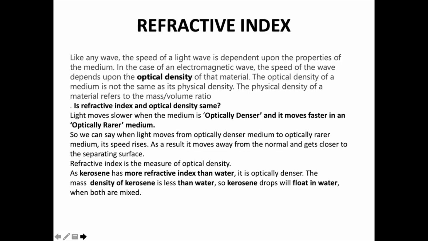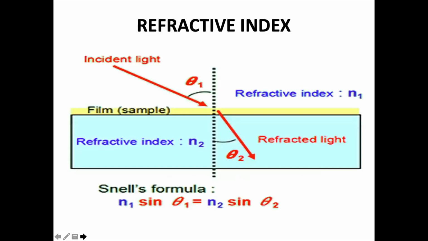It is about which medium is denser than the air medium. Okay, so don't confuse refractive index and density. Snell's formula: eta 1 sine theta 1 is equal to eta 2 sine theta 2, when two mediums are taken.